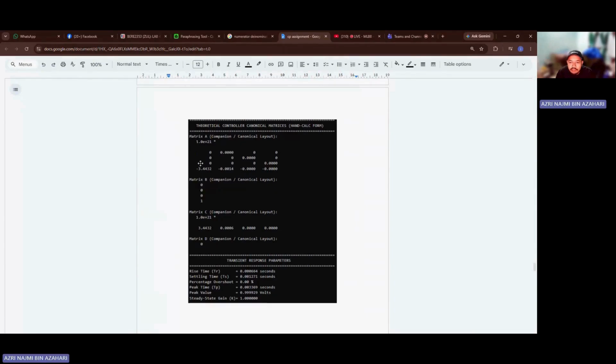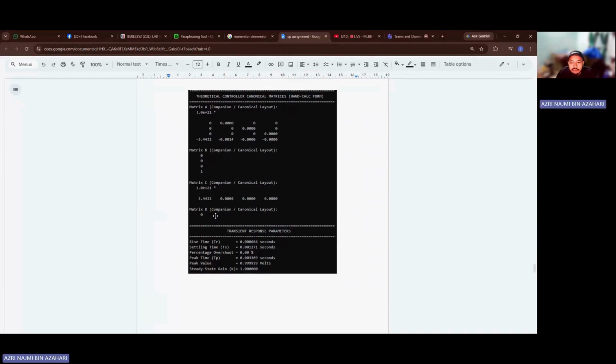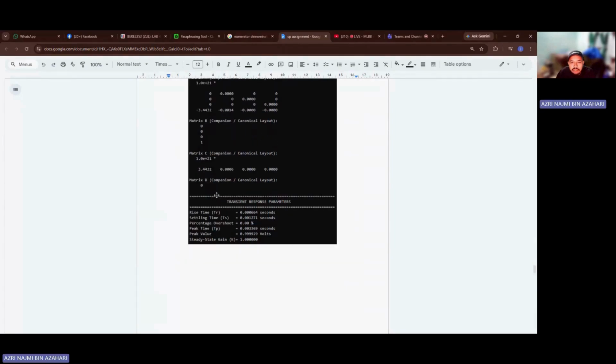Matrix A has its standard identity shift row by row with the normalized polynomial coefficients sitting along the bottom row, scaled heavily by 1.0 times 10 to the power of 21. Matrix B is our clean canonical input vector ending in a 1. Matrix C holds our numerator coefficients and matrix D is 0.